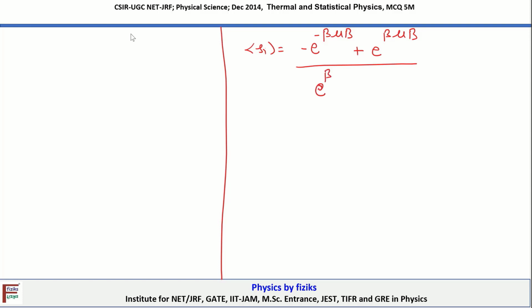e power beta mu b plus exponential minus beta mu b.